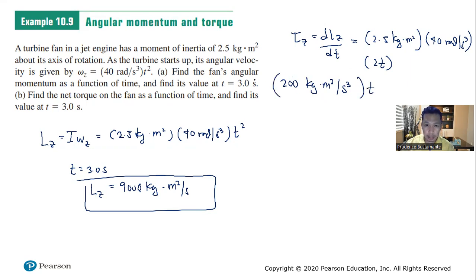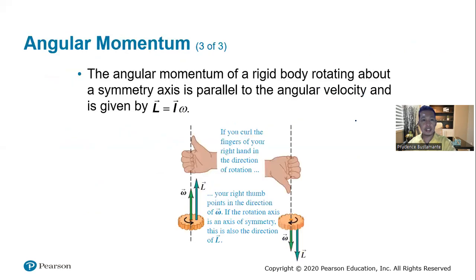This is the net torque. When t is equal to 3.0 seconds, our torque is equal to 600 newton meters. So that is how to answer this one using this equation.